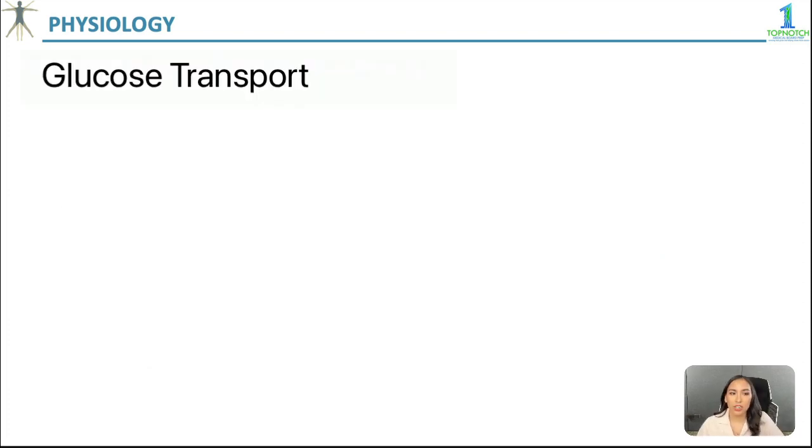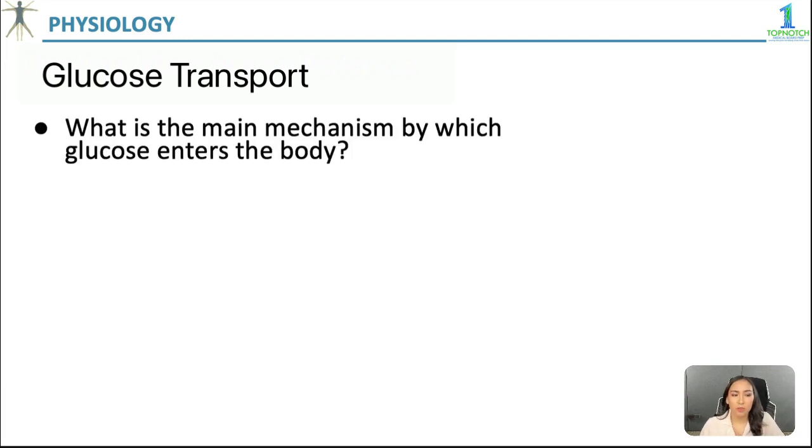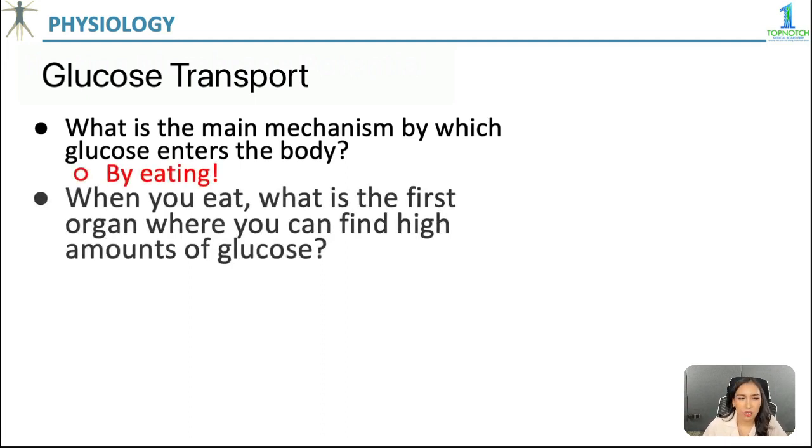Okay, so let's discuss glucose transport in the body. What is the main mechanism by which glucose enters the body? Of course, that's by eating. And second, when you eat, what is the first organ where you can find high amounts of glucose? Of course, that's in the small intestines. Why? Because when you eat, saan ba pupunta yung food?